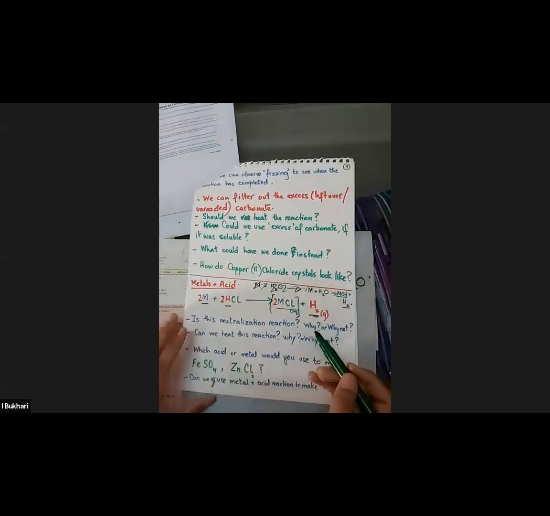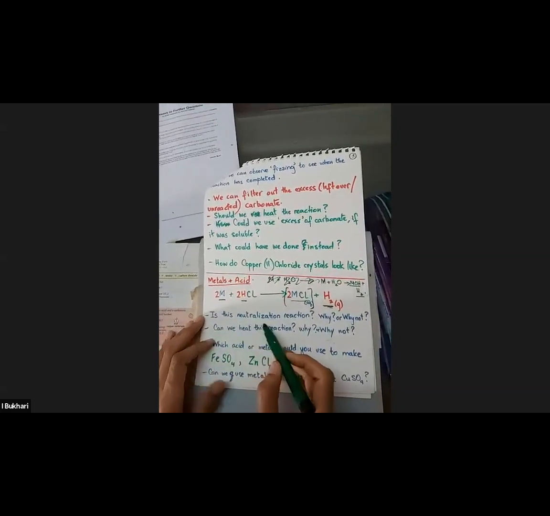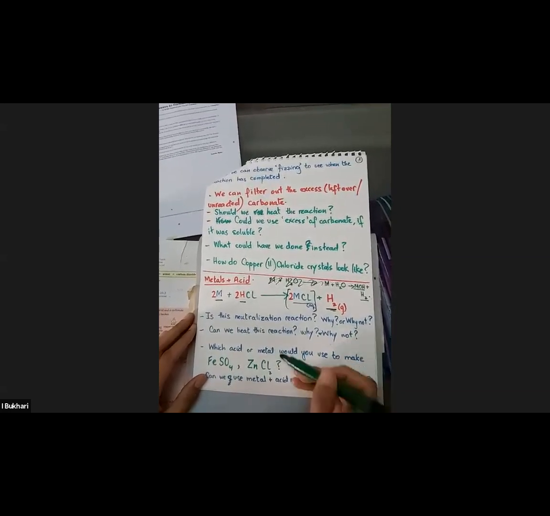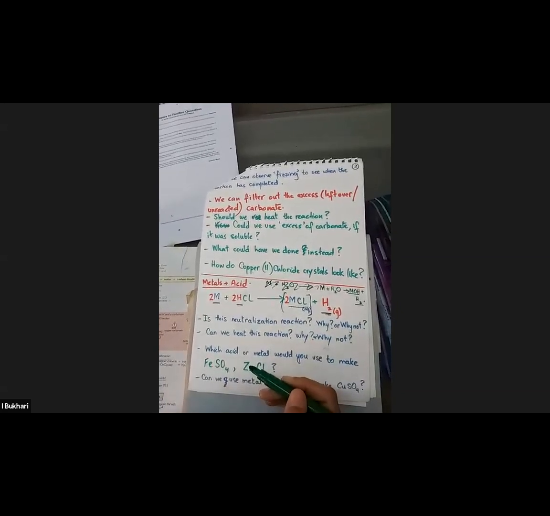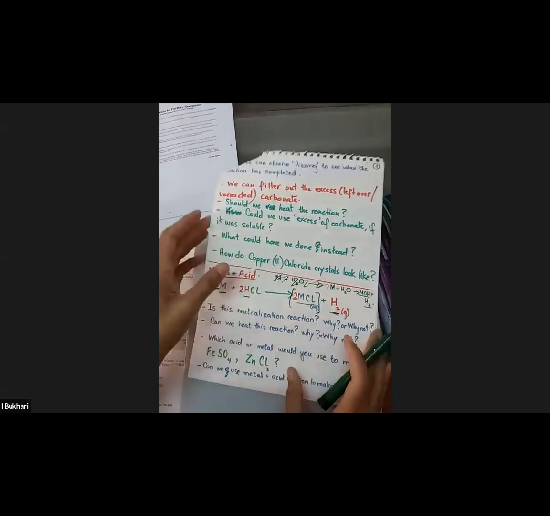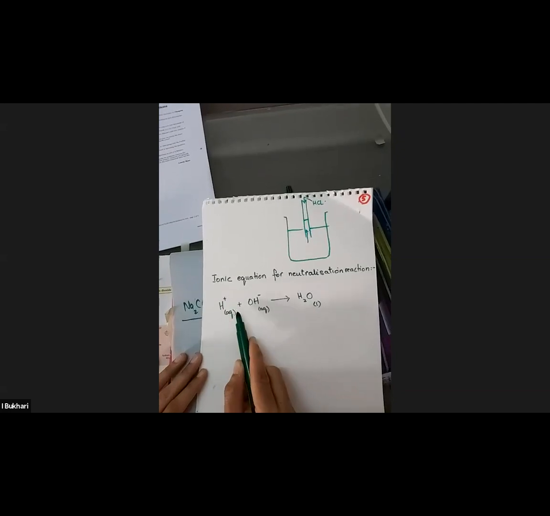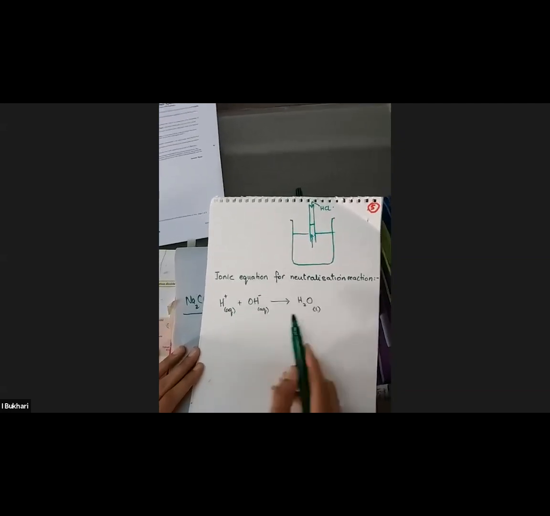Now, my question is: is this a neutralization reaction? Why or why not? Do you think it's a neutralization reaction? A neutralization reaction is hydrogen ions being accepted to form water.